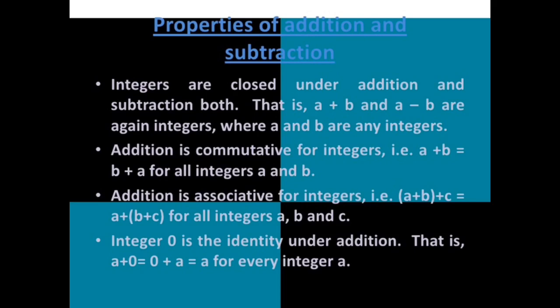Then we learnt that addition is commutative for integers, but subtraction is not commutative for integers. We also learned that addition is associative for integers, and lastly we learned that on adding 0 to any integer we will get the integer itself. Hopefully properties of addition and subtraction were clear to you.